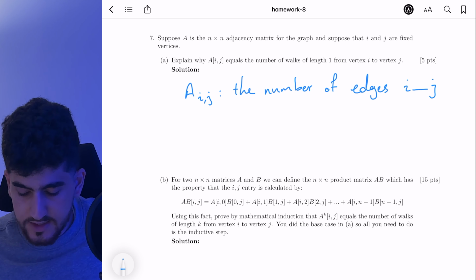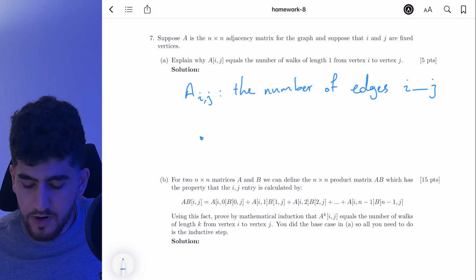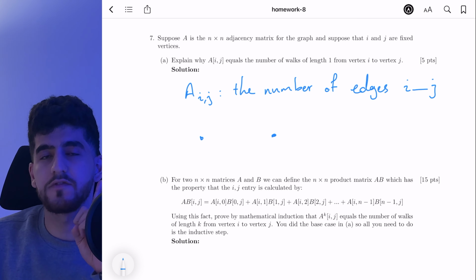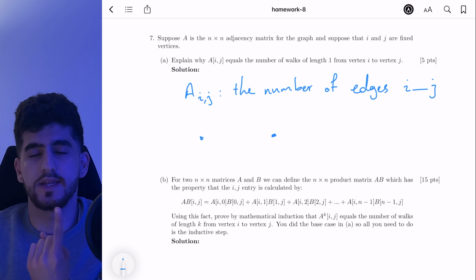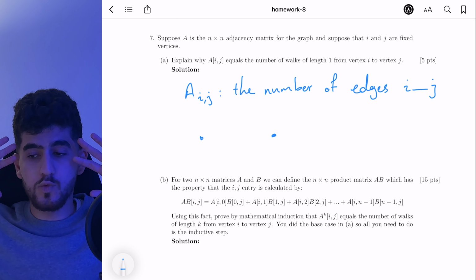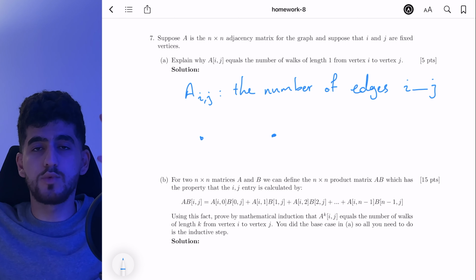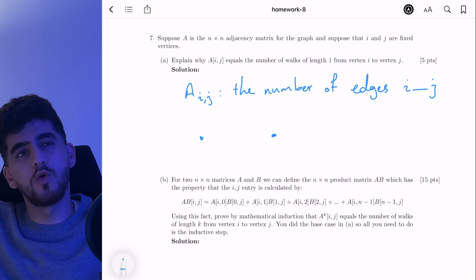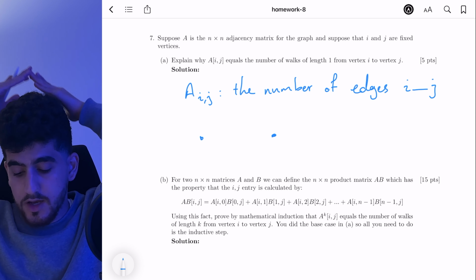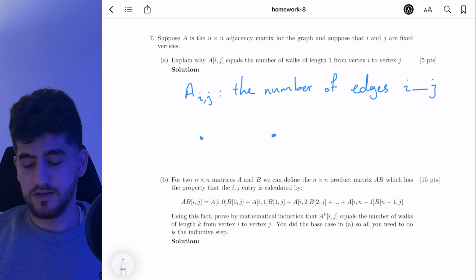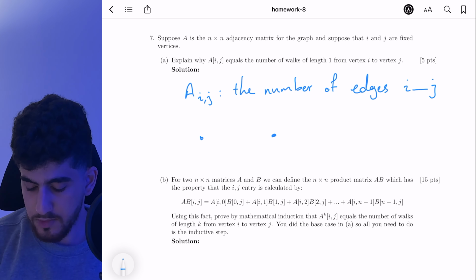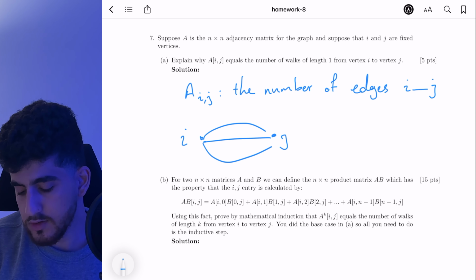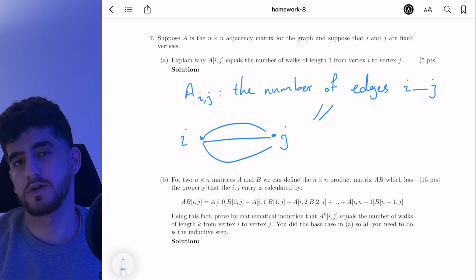On the other hand, the number of walks of length 1 between i and j: a walk of length 1 means a walk with only one edge. If you start from i and go to j with length 1, it means that you have only one edge. So the number of walks from i to j with length 1 is also equal to the number of edges from i to j.